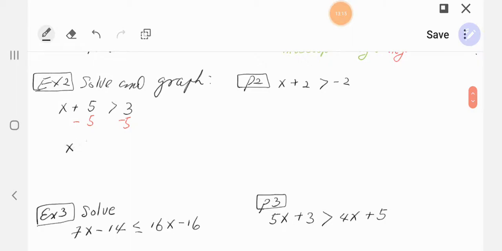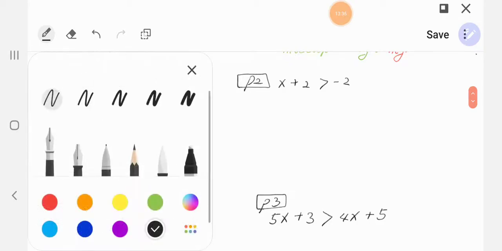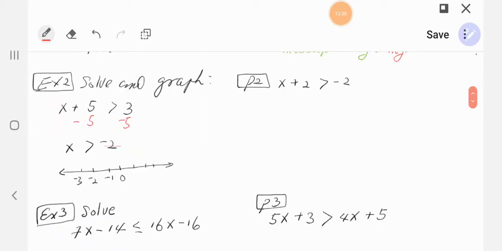So x is greater than what? Negative 2. Okay, so this is the solution. X is greater than negative 2. When we graph this, here is negative 2, 0, negative 1, negative 2, and so on. So x is greater than negative 2, but negative 2 is not included.